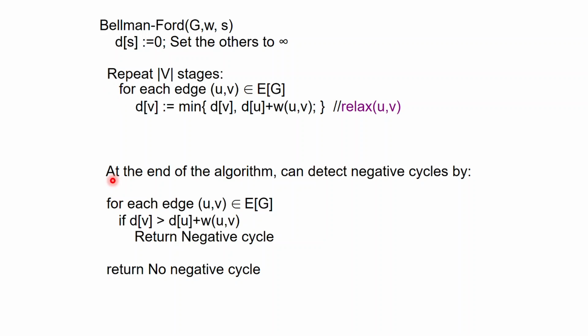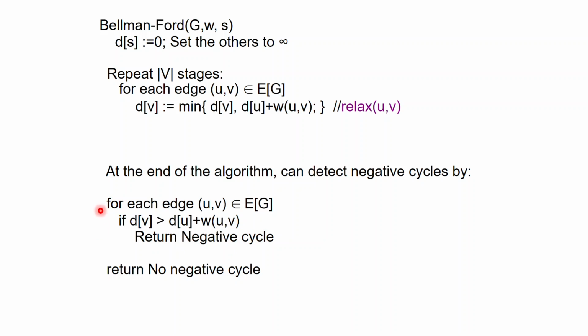As a bonus, at the end of the algorithm, you can also detect the presence of negative cycles as follows. You can go through all the edges in the graph. If for any edge UV you have that the distance of V is strictly bigger than the distance of U plus the weight of the edge UV, then you claim that there is a negative weight cycle.